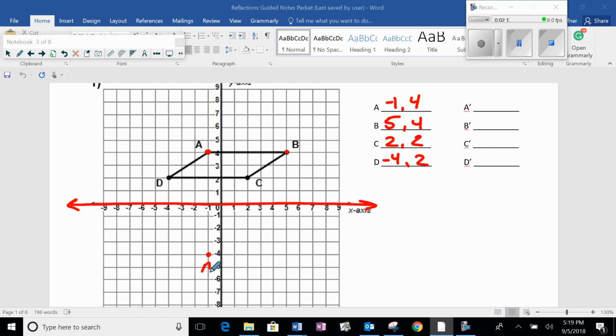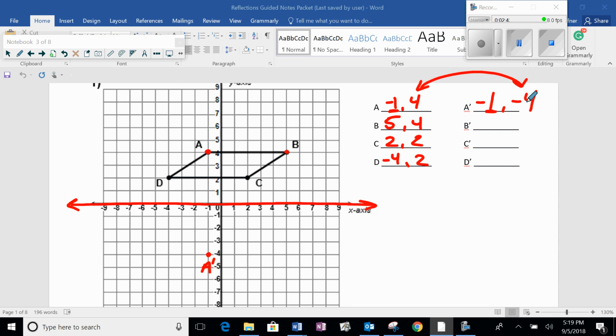This is my A prime, and that point is (-1, -4). So what we should notice here is that the x value stays the same because we reflected across the x-axis. But notice that the y value changed signs. The y value went from a +4 to a -4.